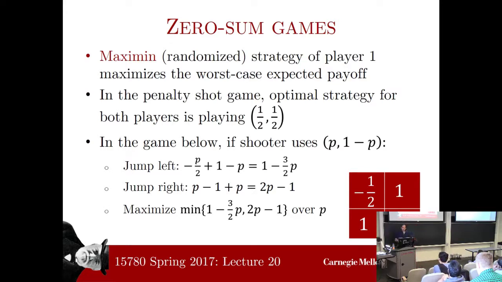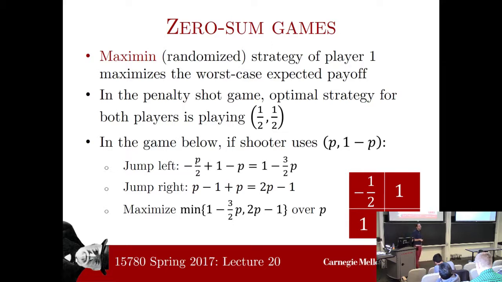Now, what we want to do is look at the two possible responses for player 2. If player 2 jumps left, player 1 will get P times -1/2 plus 1 minus P times 1, which gives us this utility. If player 2 responds by jumping right, then player 1 will get P times 1 plus 1 minus P times -1, which gives you this.